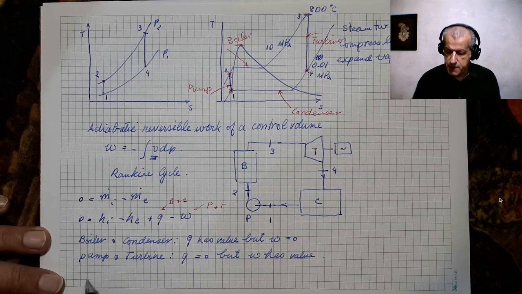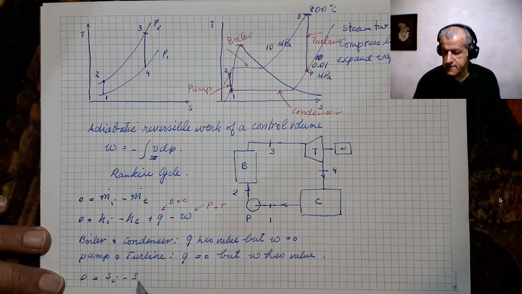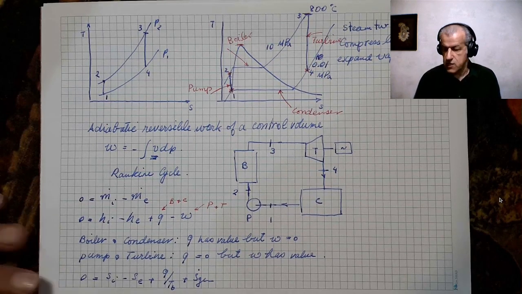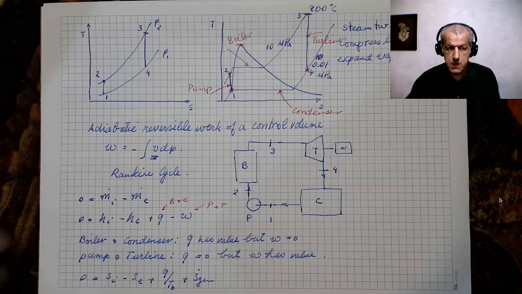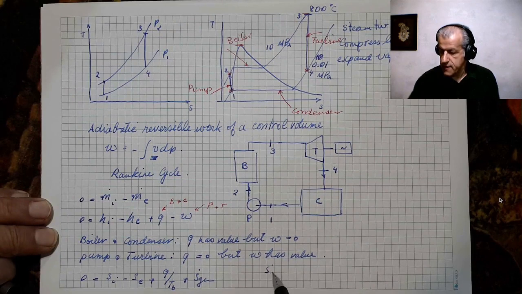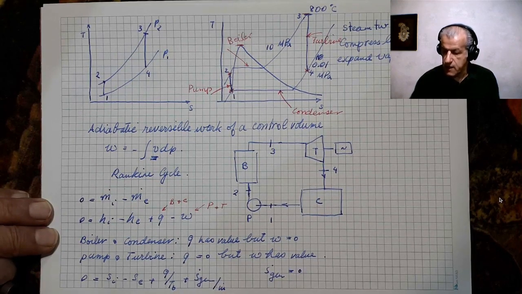And the second law of thermodynamics, as we said, 0 equals Si minus Se plus Q over Tb plus S dot gen, where S dot gen is 0. In fact, it is S dot gen over m dot because I'm just dividing everything by m dot.